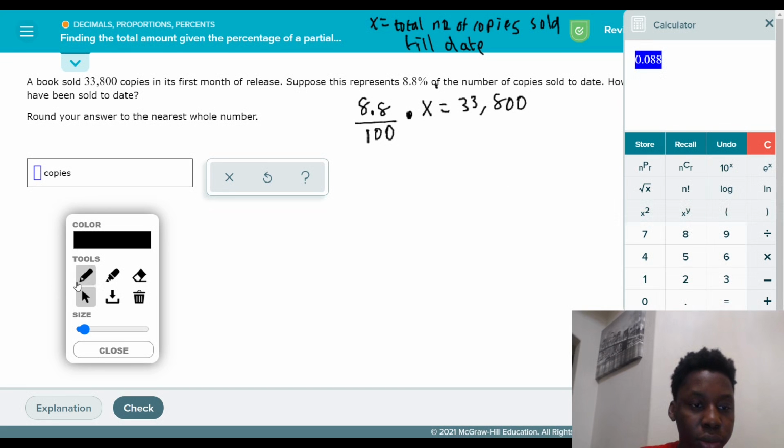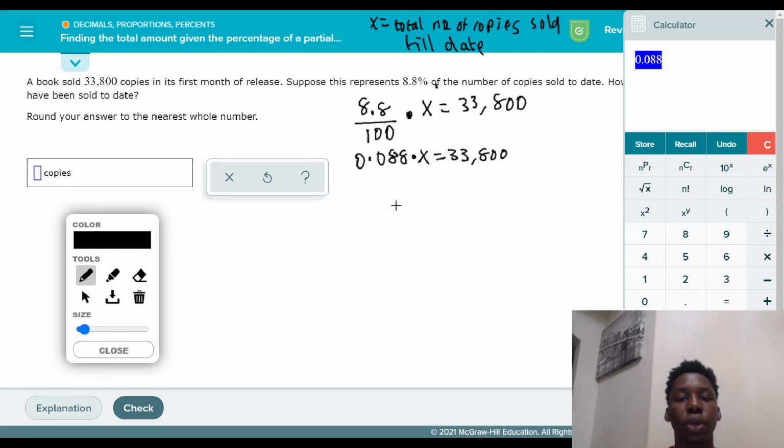So 0.088 times x equals 33,800, and we're looking for x.